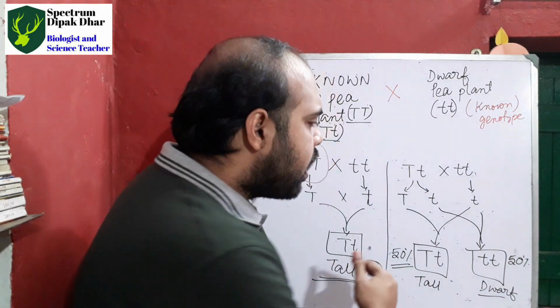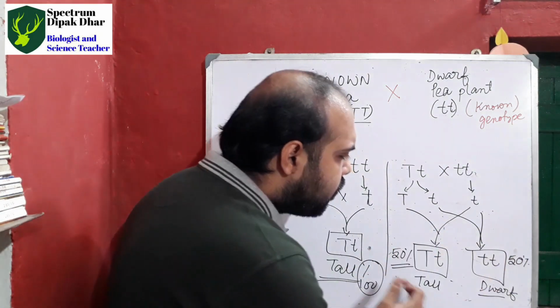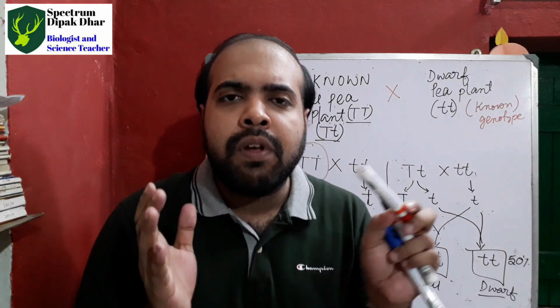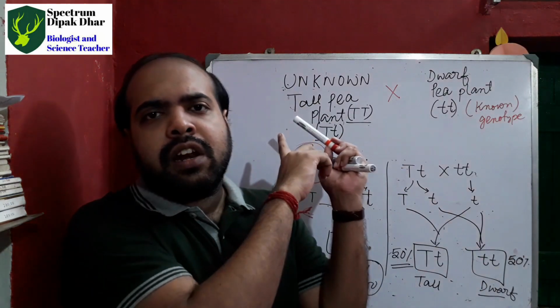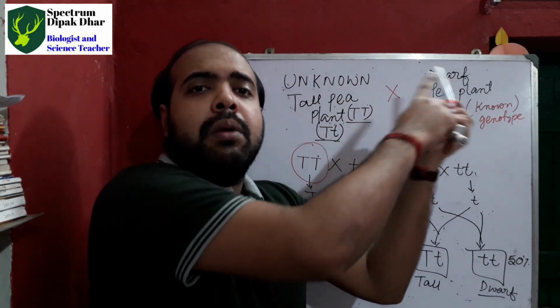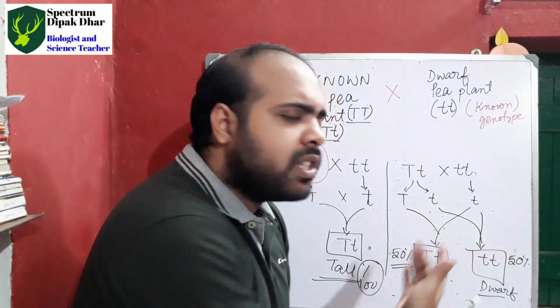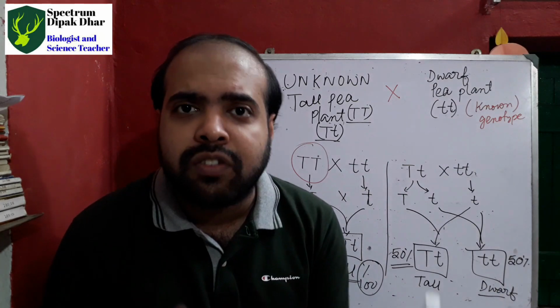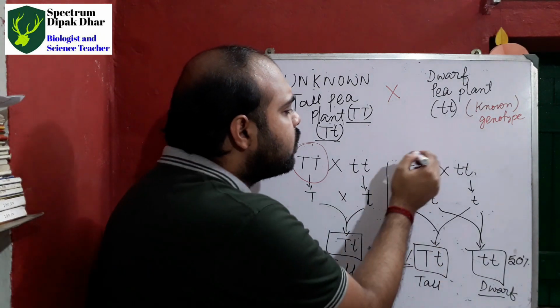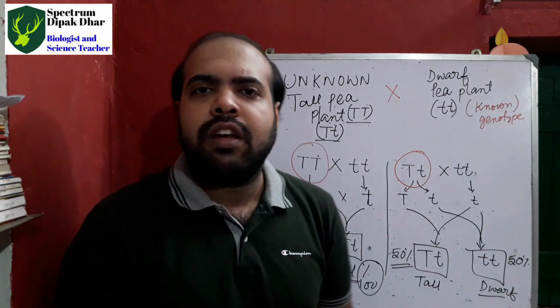If the F1 generation shows 50% of the parental phenotype as well as 50% of the recessive phenotype, both appearing in the F1 generation, then the unknown genotype is heterozygous in nature.